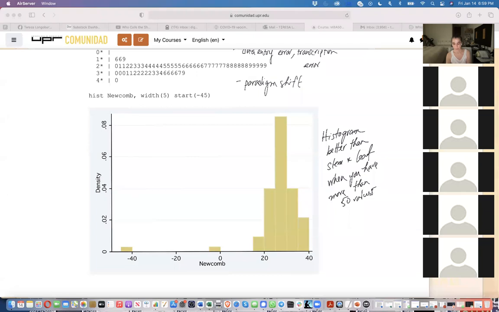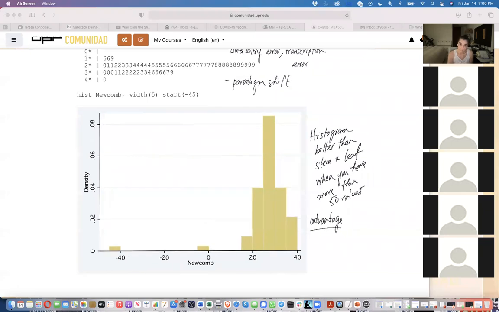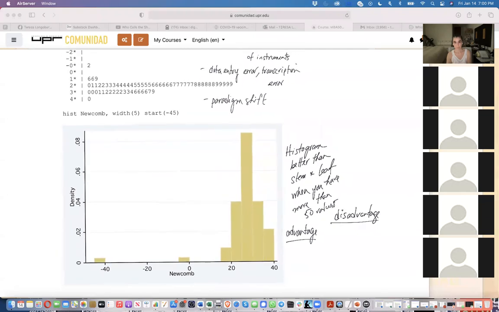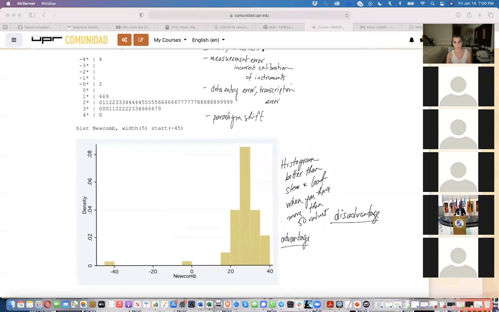But I want to ask you, what do you gain and what do you lose? So what are you going to compare it to? Compare it to the drawing above. If you look at the drawing above, what do you gain and what do you lose?